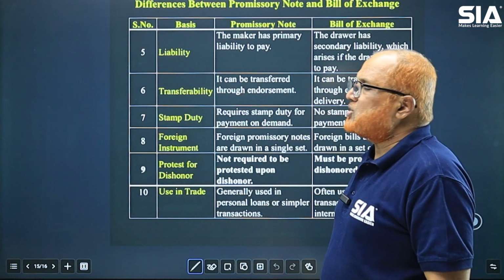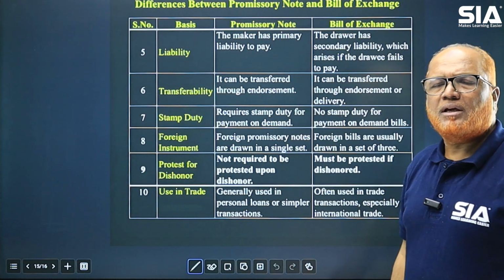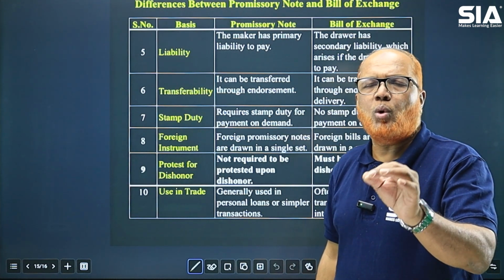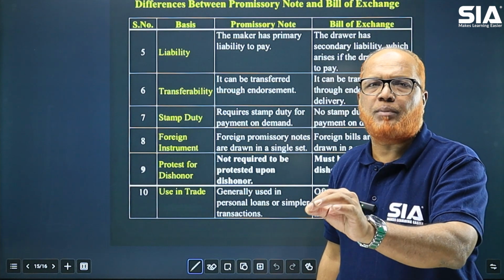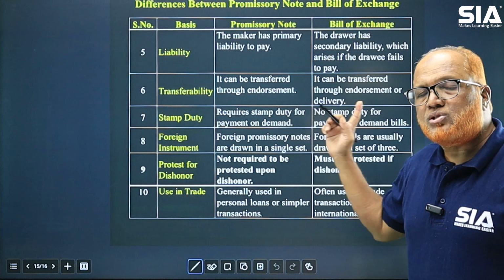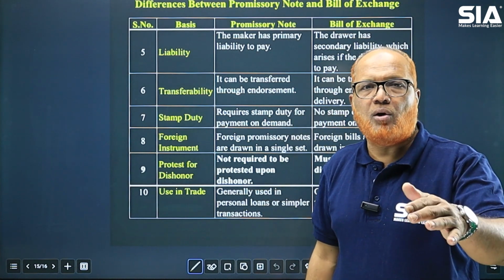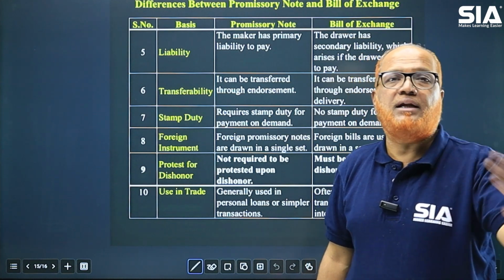Next one, transferability. In case of promissory note, it can be transferred only by endorsement. But in case of bills of exchange, it can be transferred by endorsement as well as delivery.